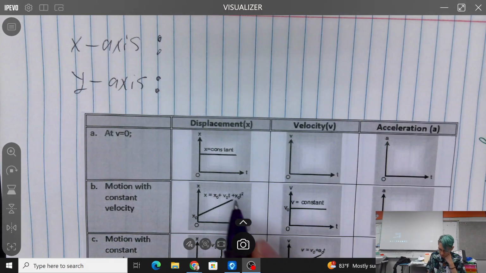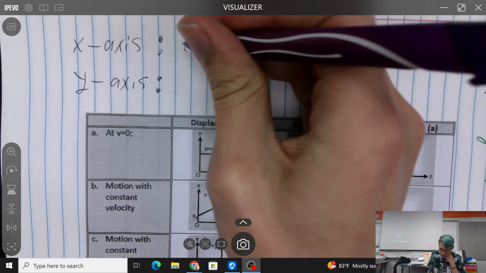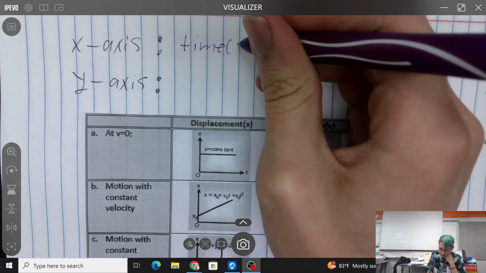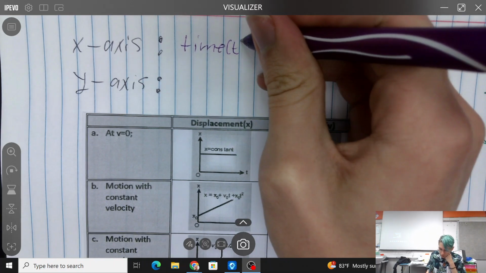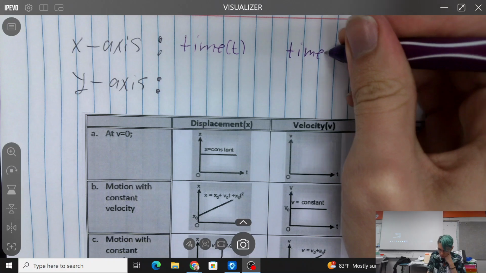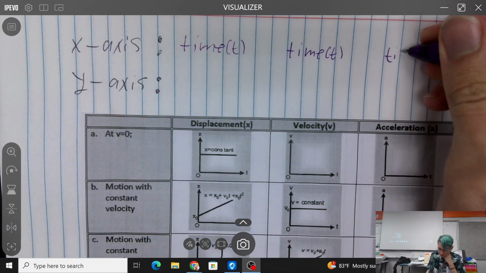See little t, little t? So on position versus time, or displacement versus time, it is going to be time, t. Velocity, same thing. And then acceleration, same exact thing.